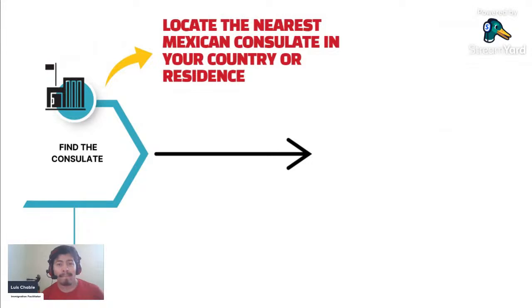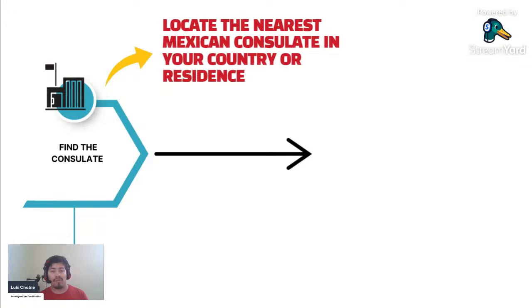Okay, the second step is find the consulate, locate the nearest Mexican consulate to your country or residency. I told you this information in the last YouTube live, but it depends a lot.